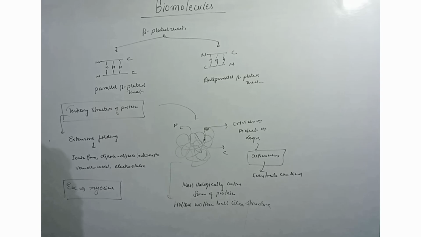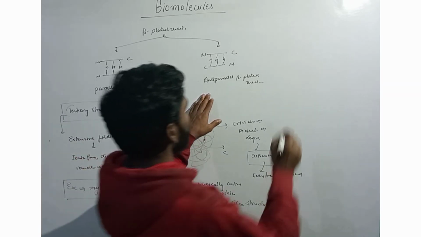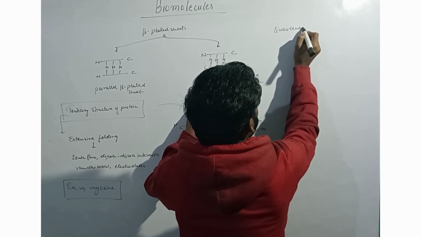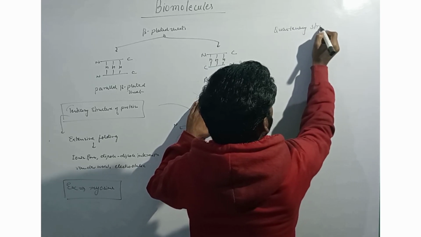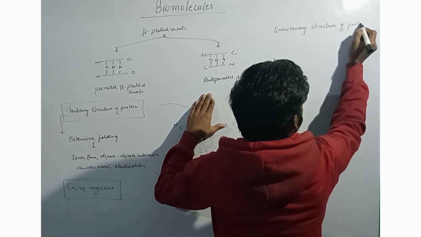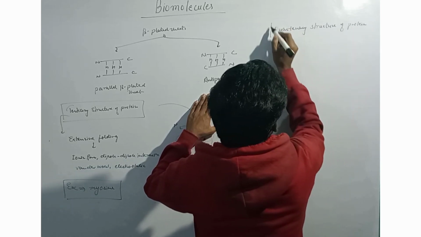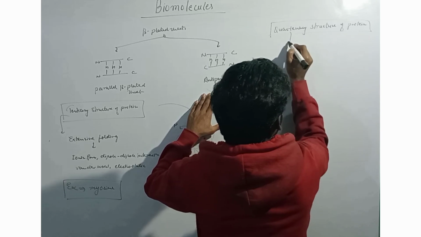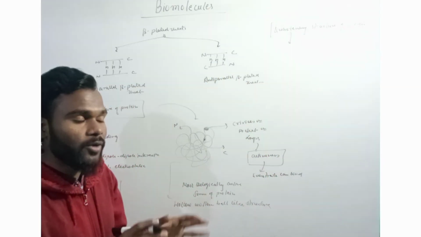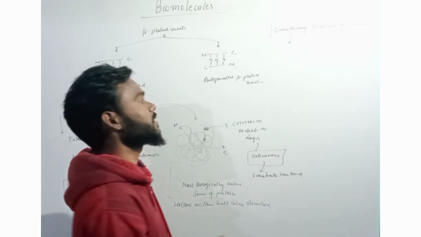Now let's come to the quaternary structure of protein. When two subunits of protein combine together, they form a quaternary structure.